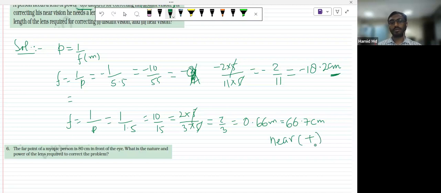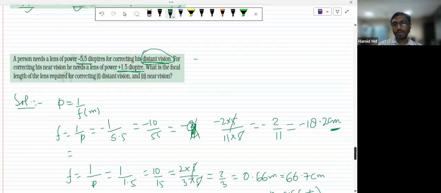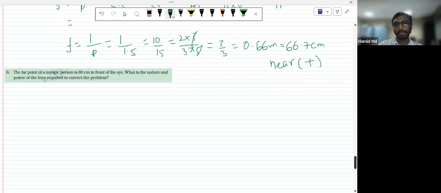Yes. So these questions are interchangeably asked in exams. Sometimes the sign will be asked, sometimes the focal length in centimeter will be given, and you have to find the diopter or power.